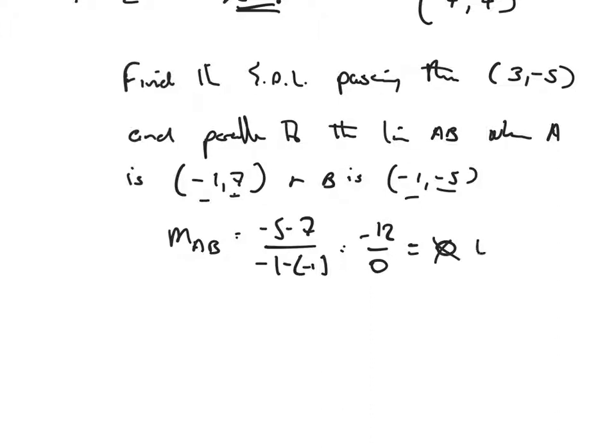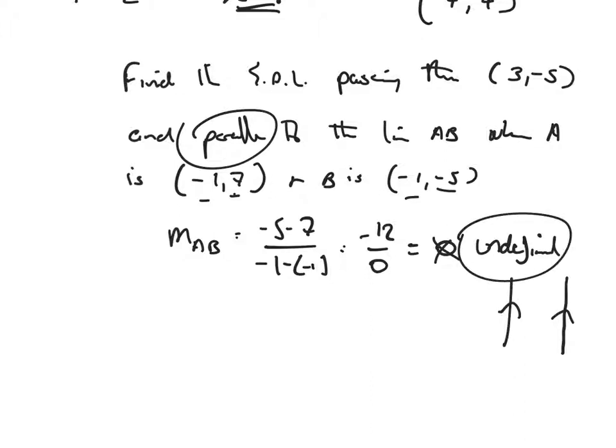When you divide by 0, the result is undefined. Okay, so undefined, suggesting that it is a vertical line. Our line is parallel, so it is also a vertical line and also has an undefined gradient. A vertical line has an equation of x equals, and I'll check the x coordinate of the point, and that's 3. The equation of the line is x equals 3.